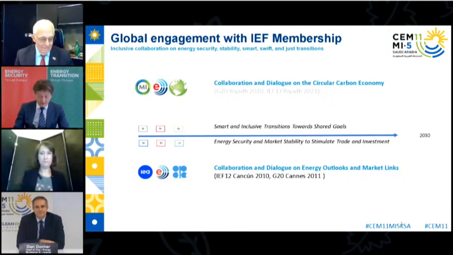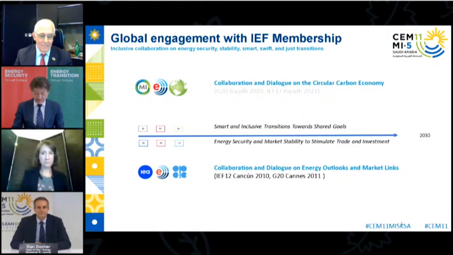The 70 member countries of the IEF are increasingly focused on forward-looking energy agendas to achieve shared goals over the next decade in accordance with the UN 2030 Agenda for Sustainable Development and the Paris Agreement. Therefore, the IEF looks forward to strengthening engagement with the Clean Energy and Mission Innovation Ministerials to achieve a circular carbon economy or other net zero strategies.